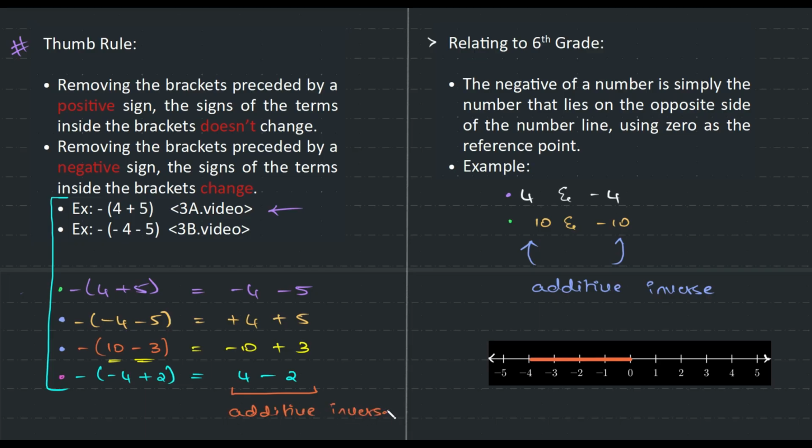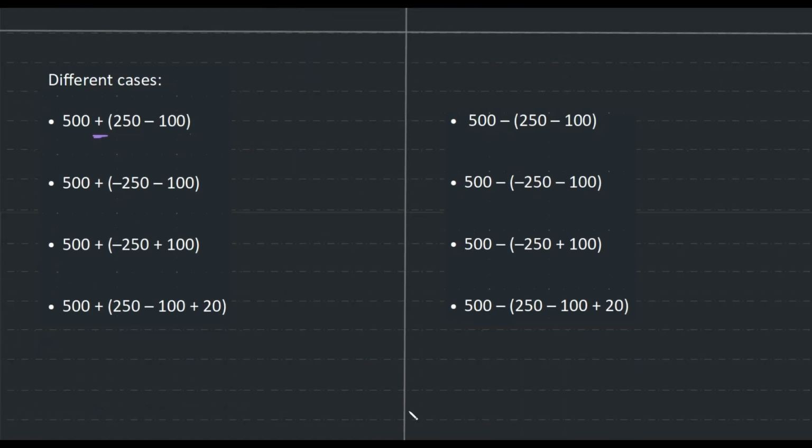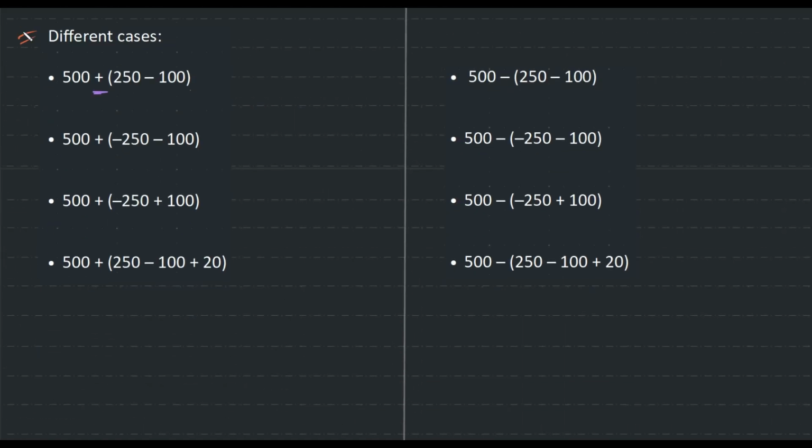As simple as that. Okay, but what if we have a positive sign? What happens? As I wrote above, nothing happens. Whatever is there, we just have to copy. 500 plus whatever is inside the bracket, just copy it and you're done.